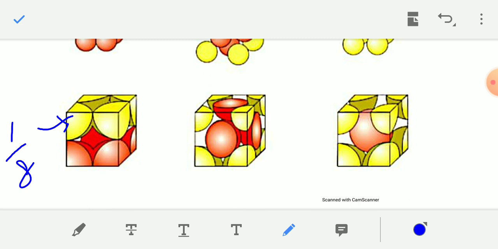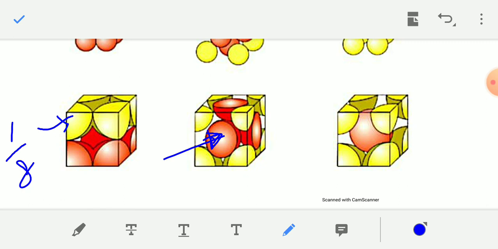And the particle present at the midpoint of each face is shared between 2 such unit cells. That is, this is part of 2 unit cells.